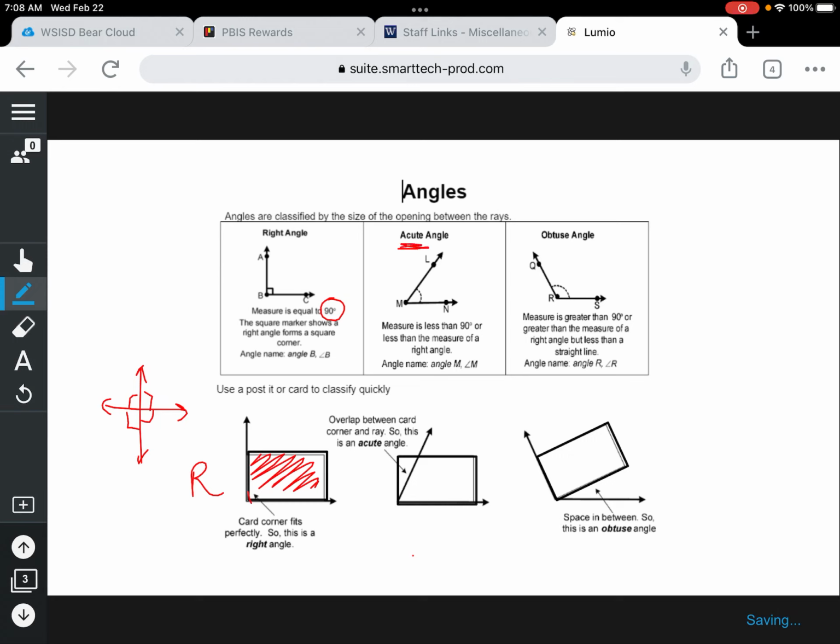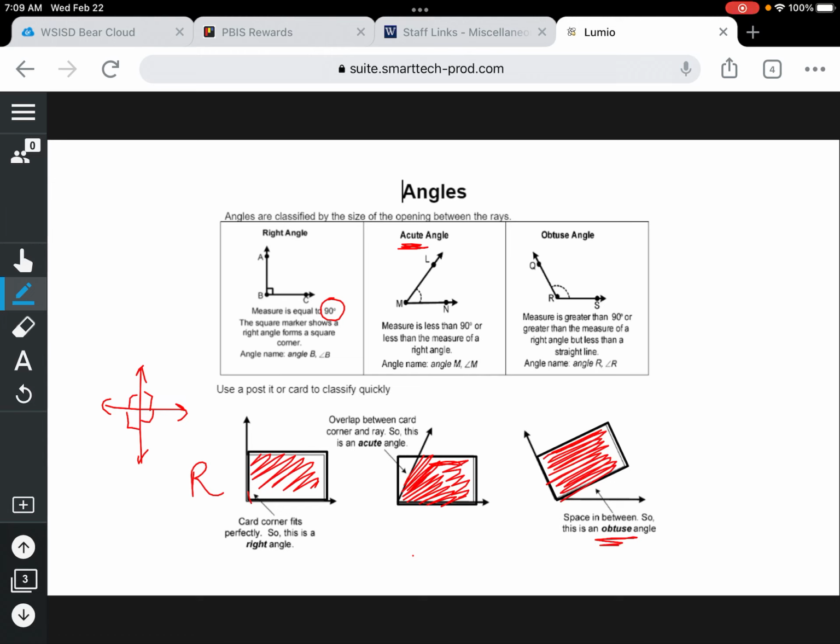The acute angle is an angle that is smaller than a square corner. If you put a rectangle, you will see the rectangle still goes on after the line. Now, the obtuse angle is bigger than a square corner.